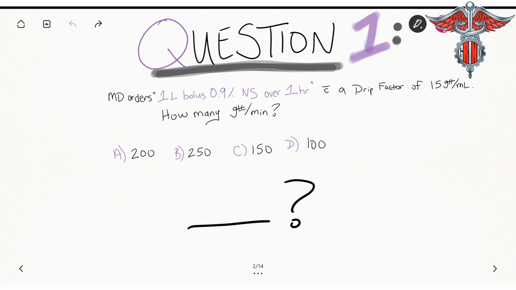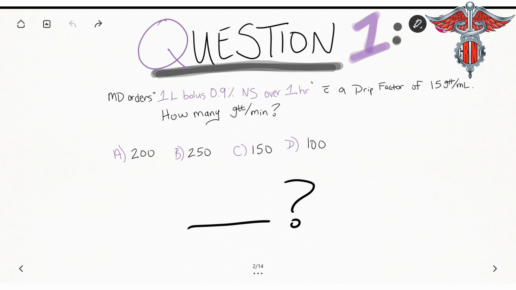All right, guys. So for our first question, what we have here is our MD orders 1 liter bolus of normal saline over 1 hour with a drip factor of 15 drops per mil. So how many drips per minute were infused on this patient? Here's how I want to approach this question, guys. There's a couple of things that we need to know first and foremost.